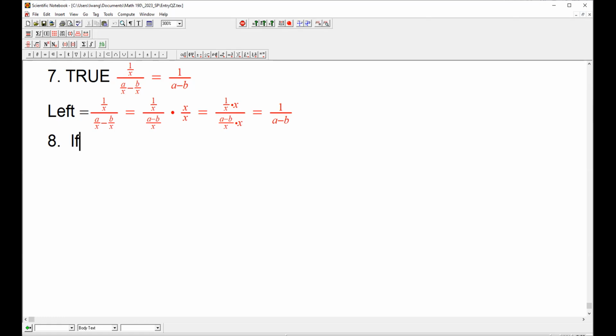Number 8. Okay, number 8 says if f is a function. Function is a huge word. This word implies many functions you have learned before.